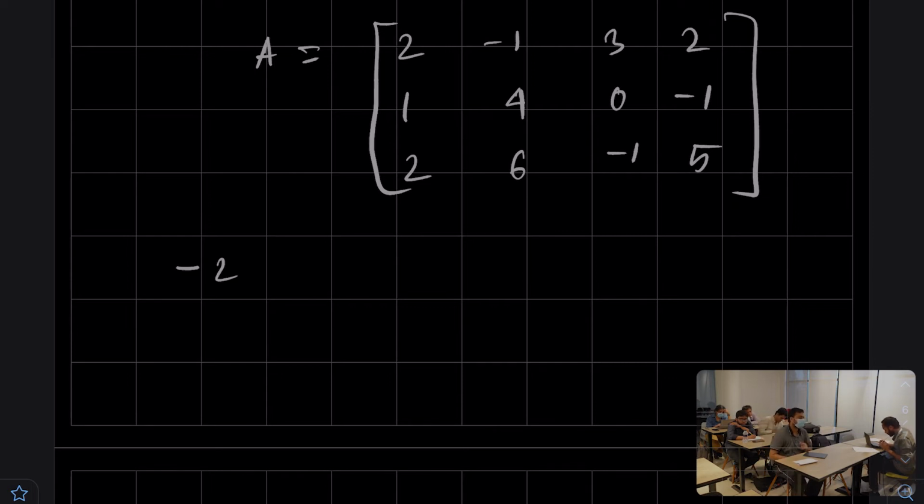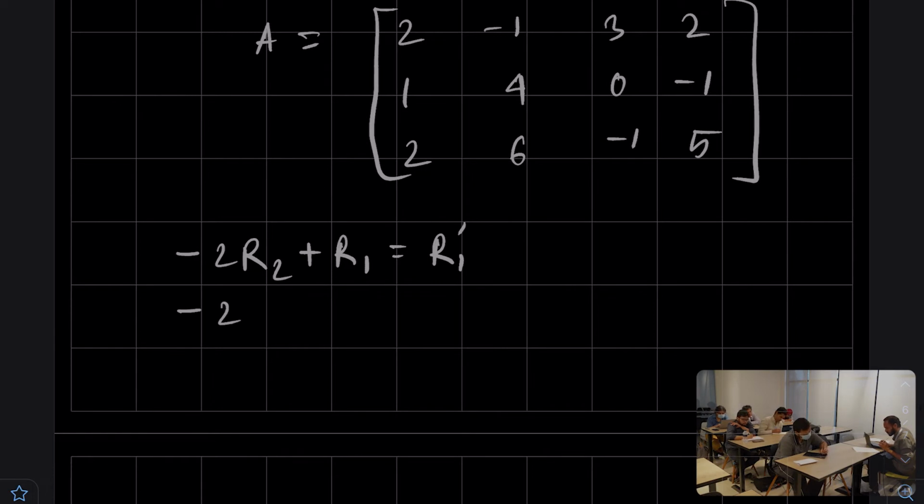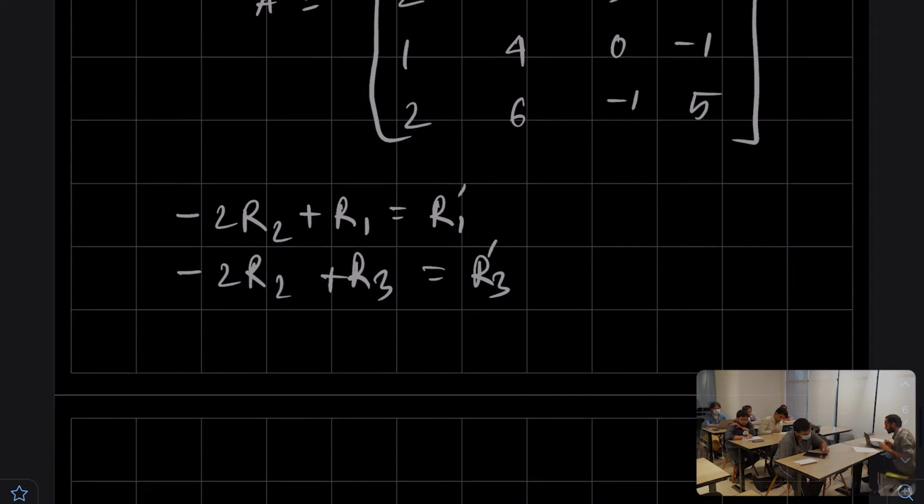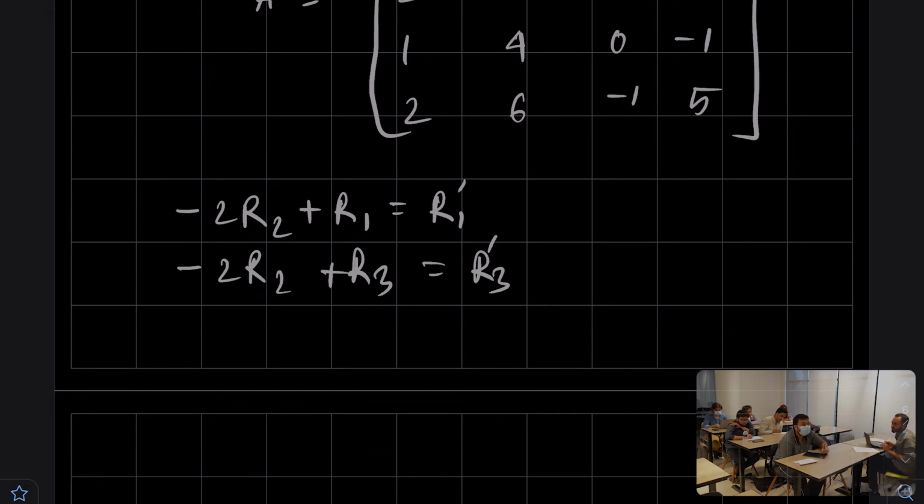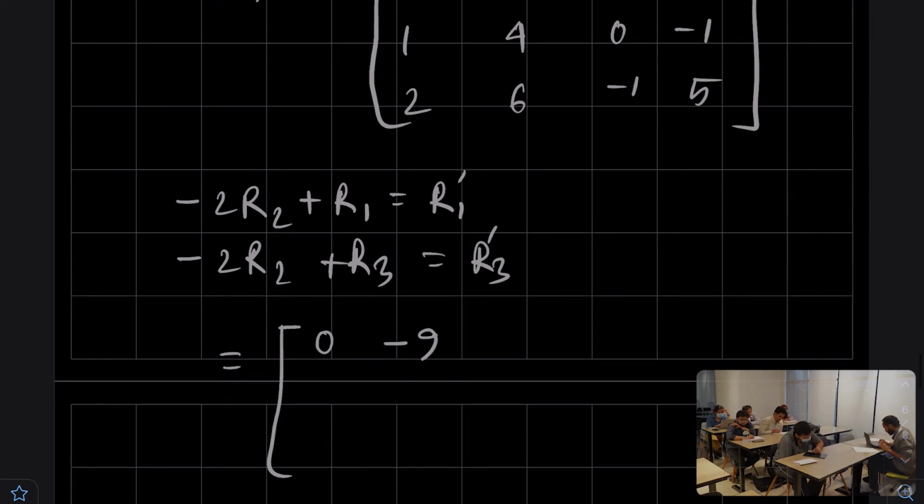Minus 2 R2 plus R1 equals R1 prime, then minus 2 R2 plus R3 equals R3 prime. Okay, so I'm taking this elementary row operation, and this will give me 0, and 2 times 4 is 8 with the minus, that means minus 9, then this is 3 and 2, this is 4.